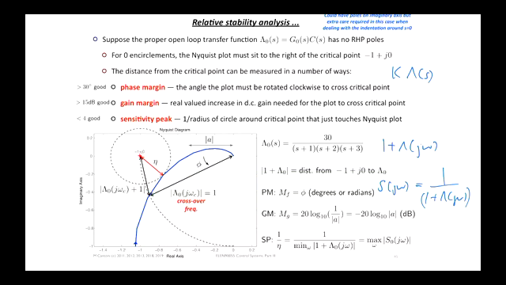All right, so we're using the angle to measure how close our Nyquist plot gets to the critical point -1. So that's what phase margin is about. It's about the phase of the open loop transfer function at the crossover frequency. Okay.